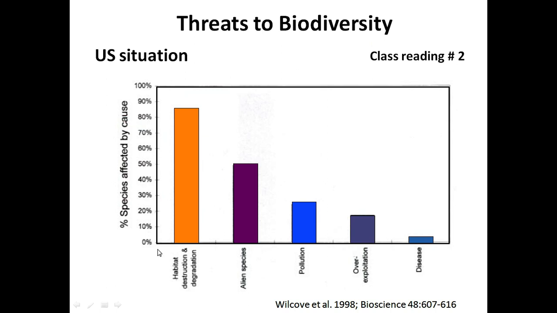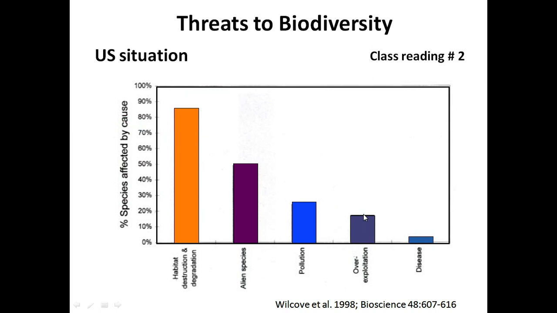This graph summarizes the degree of threat. The x-axis is the threat category, from habitat destruction to diseases, and the y-axis is the percentage of species affected. As you can see, habitat loss is the number 1 cause overall, and the second one is invasive species, followed by pollution, overexploitation, and diseases.